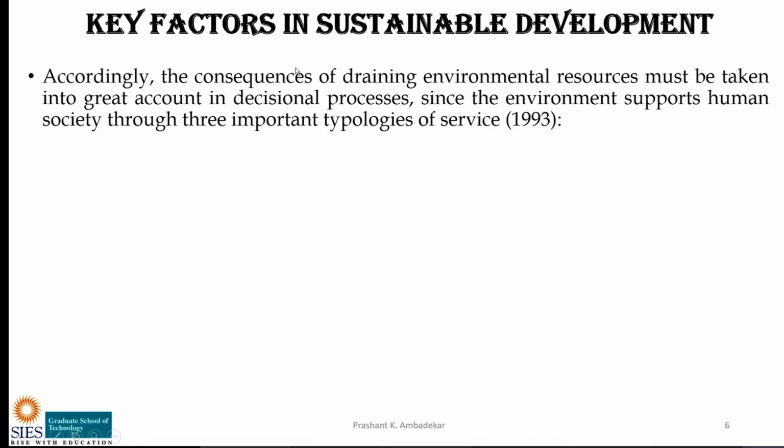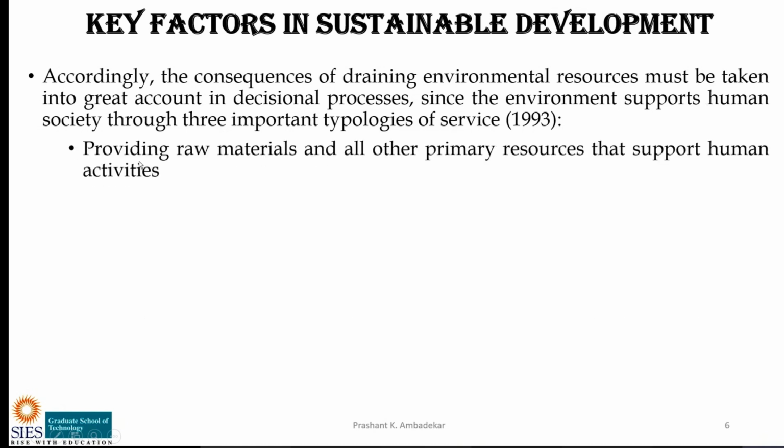We are using the environmental resources and they will be drained, they will not be available after a few years, and the consequences of exhausting those resources must be taken into account in the decisional processes. So whatever decisions are made, whatever developments are made, the consequences have to be taken into consideration, since the environment supports human society through three important types of services.